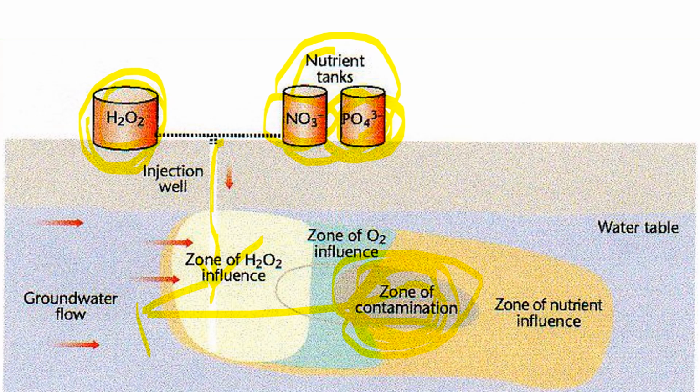So tanks, aeration pumps and injection wells are used to deliver the nutrients and the electron donors to the contaminated site. This is how biostimulation works.